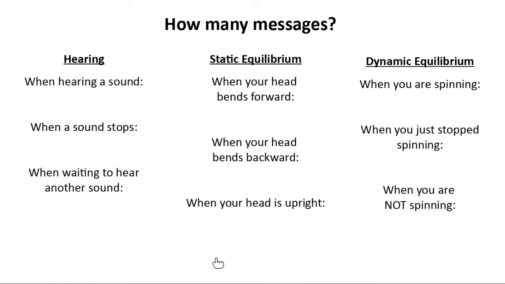Let's look at then, we briefly talked about the hair cells when we push open their mechanically gated channels. Let's talk about how that relates to the number of neurotransmitters that we send.